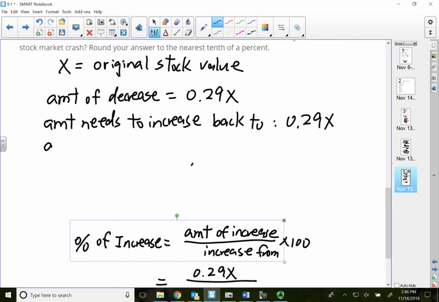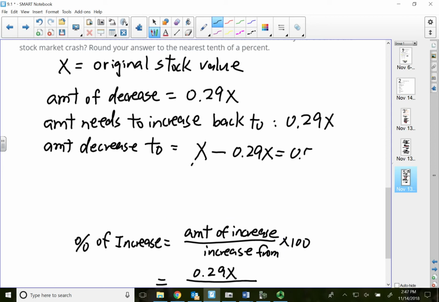What is the amount it decreased to? The amount it went down to is the original value minus what I just lost, 1x minus 0.29x, which is 0.71x.